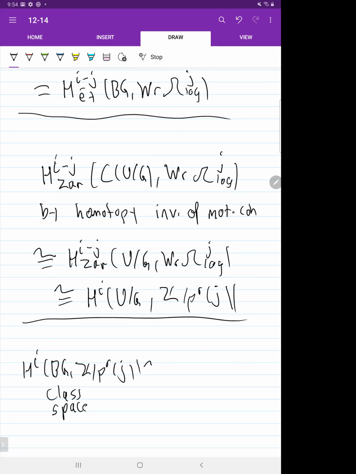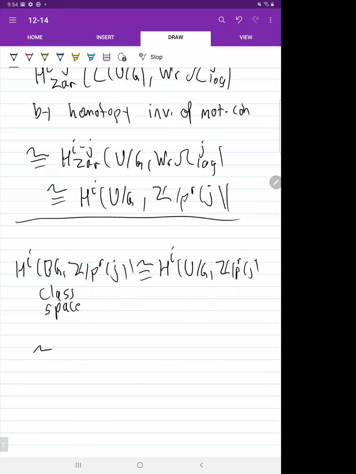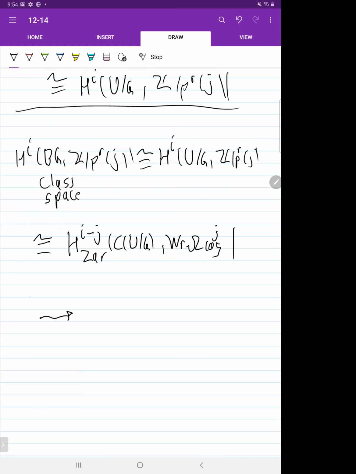So that's isomorphic to motivic cohomology of the quotient U mod G. And this is isomorphic to the sheaf cohomology on the simplicial scheme, the Čech nerve. And then to get étale motivic cohomology, we do the change of sites map.